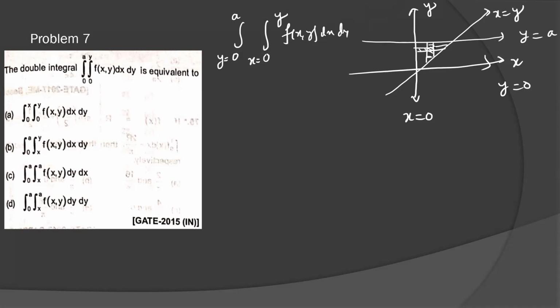And now you have a strip parallel to the x-axis, because the x limit is variable. So you can verify here: the lower limit of x is 0, the strip is here, and the upper limit is coming from the x equal to y line, and y is from 0 to a. What is the intersection point? As you put y equal to a, you will get x equal to a. So this is your a comma a.